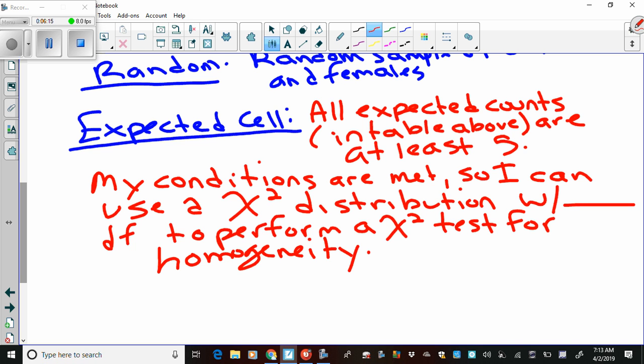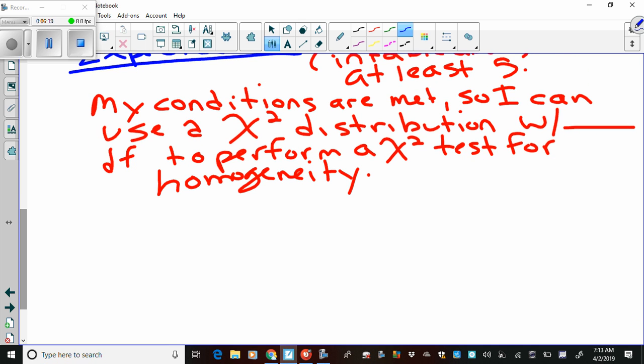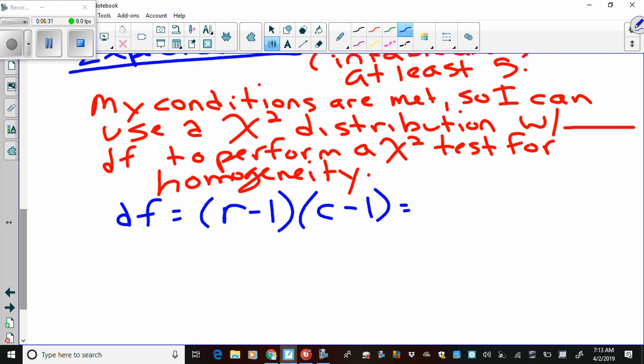Okay, so my degrees of freedom. My degrees of freedom are a little bit different for tests of homogeneity than goodness of fit. I find the degrees of freedom if I take the number of rows minus 1 times the number of columns minus 1. When you do this, you do not include totals.